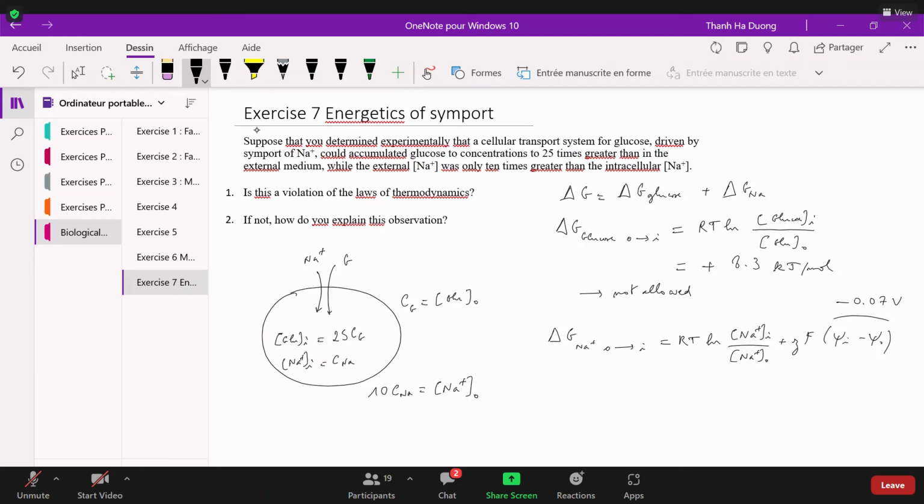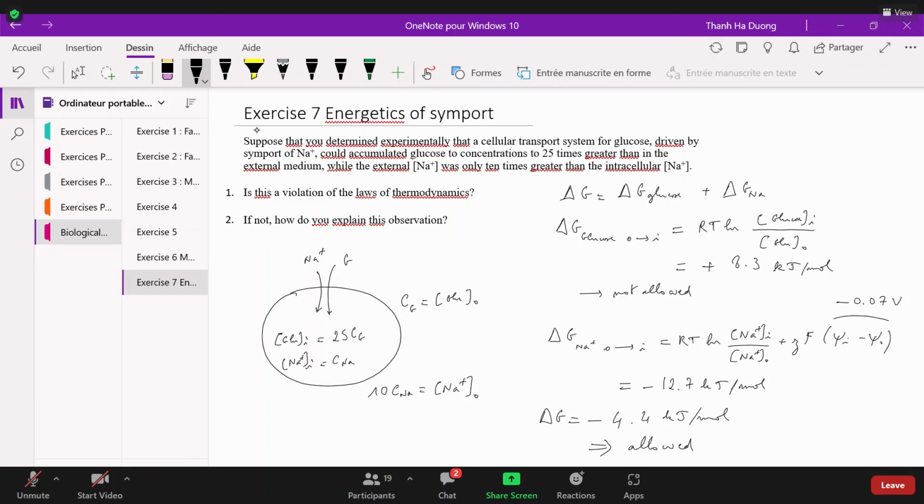And for the sodium, you find, yes, approximately the same, minus 12.7 kilojoule per mole. So it means that it is allowed. So if we calculate the overall delta G, we find something negative, minus 4.4 kilojoule per mole. It means that this is allowed.